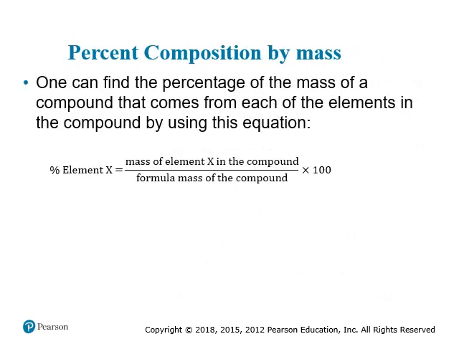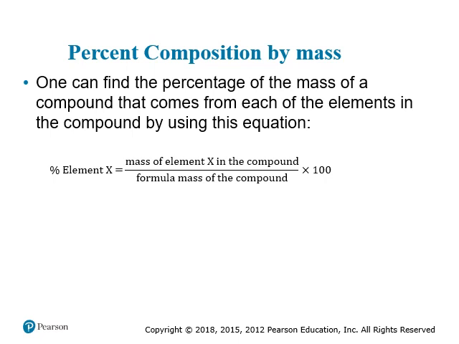To do that, we employ a technique known as percent composition by mass. We can determine the percentage of a particular compound that is an element by using the following equation.